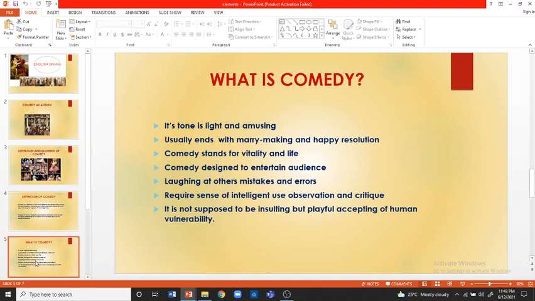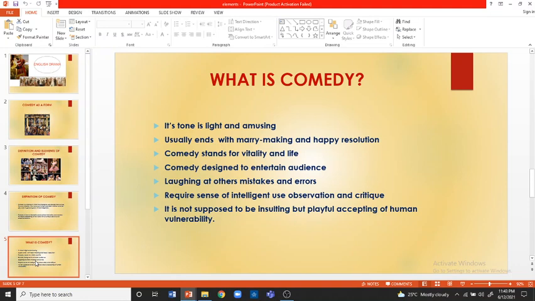It is designed to entertain the audience or the readers nowadays, because in ancient periods comedy was presented on the stage, but today comedies or tragedies or dramas are read by readers, and that's why nowadays comedy is designed to entertain the audience as well as the readers.